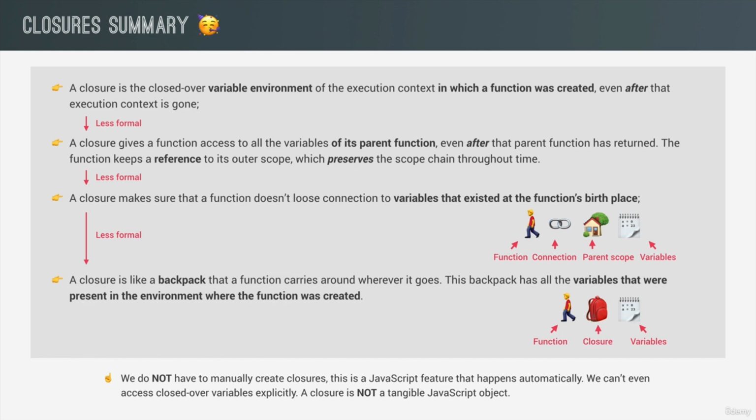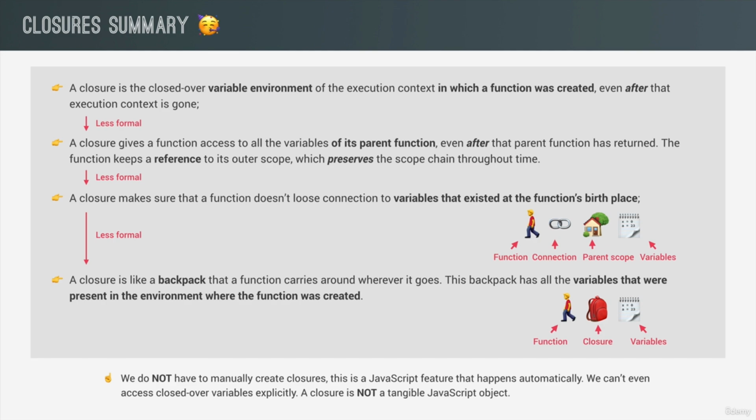So instead, this is something that JavaScript does completely automatically. We don't have to do anything. Also, there is no way for us to explicitly access closed over variables. That's because closures are not like a tangible thing. They're not like an object or so that we can access.